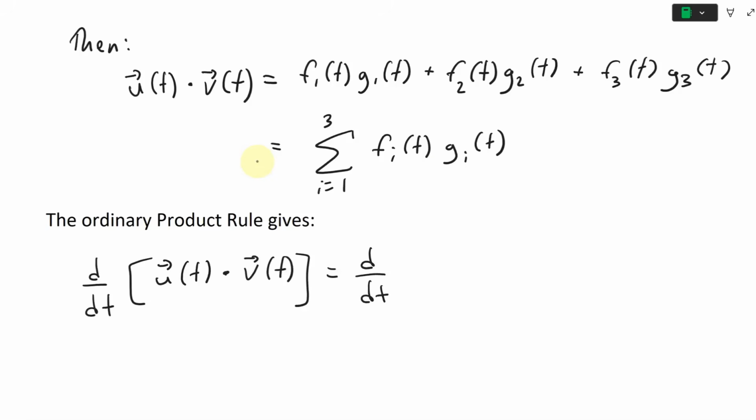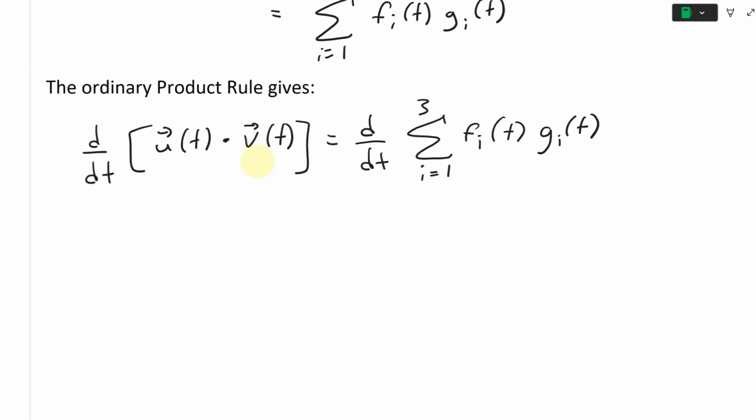So d over dt equals the derivative of the summation from i equals 1 up to 3 of fi of t times gi of t. We can put the derivative inside the summation, using basic summation rules.